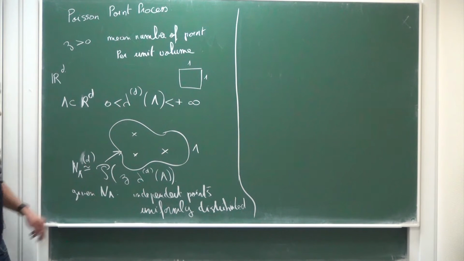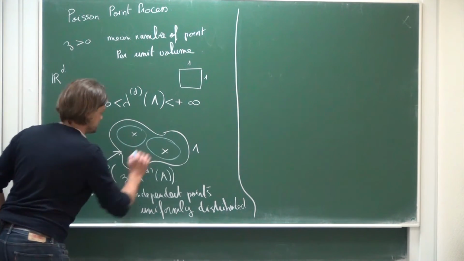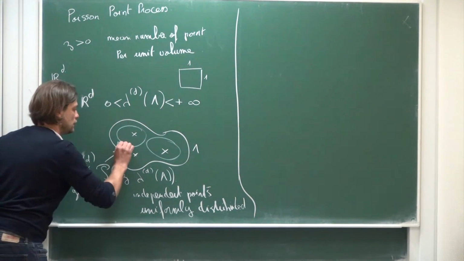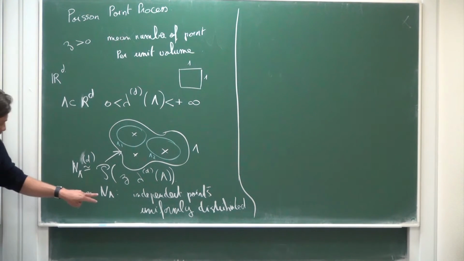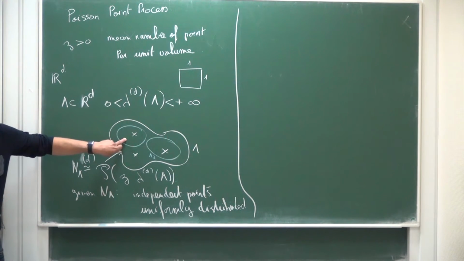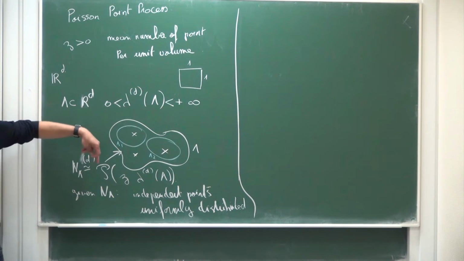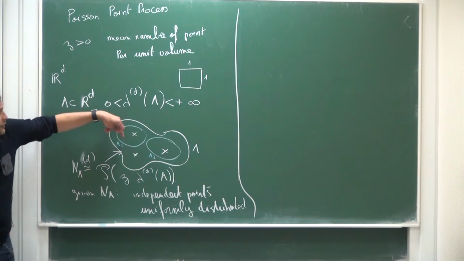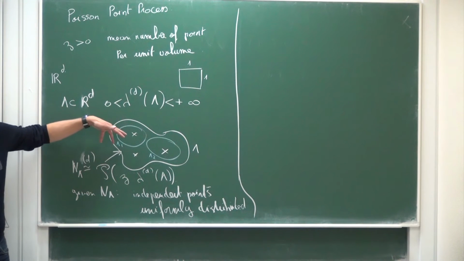Why is that? It's because of the following property. If now I consider 2 boxes inside here, Lambda 1, Lambda 2, and I consider the restriction of this process to this box, it's exactly the same construction as here. The number of points follows a Poisson distribution with parameter z times the Lebesgue measure of Lambda 1, and the points are uniformly distributed and independent.